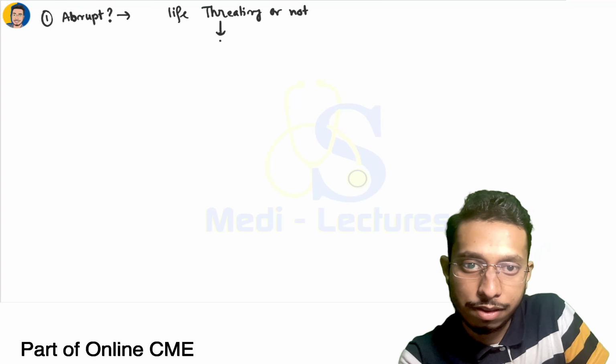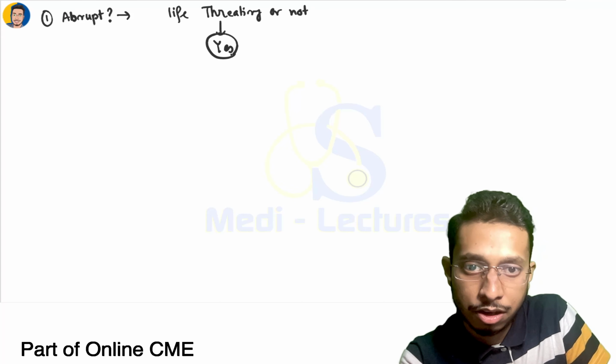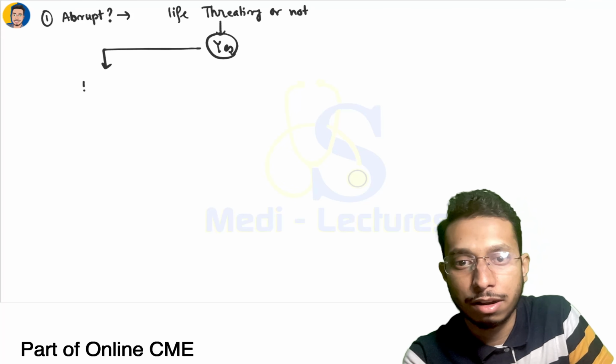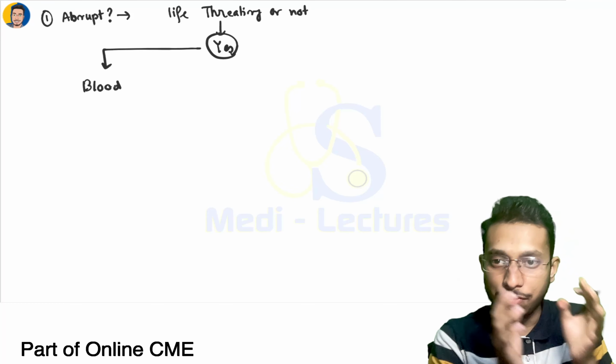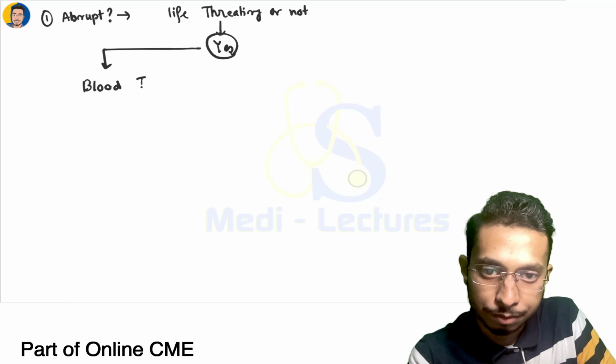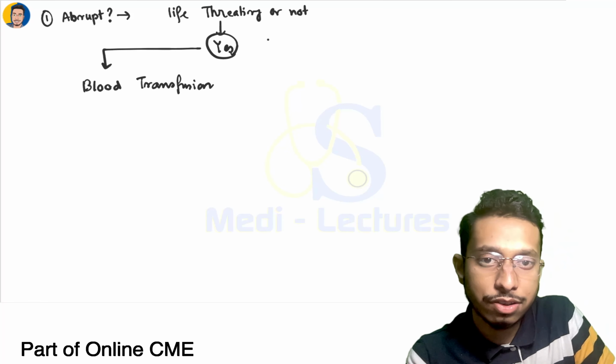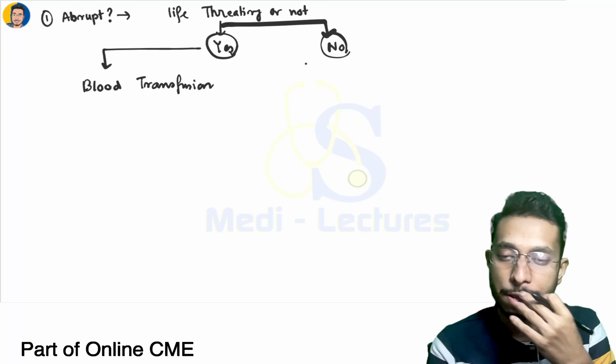If the answer is yes, straight away you need to go for blood transfusion first, right? Don't think about the causes, what the types can be. First, save the patient, and we need to go for blood transfusion. And if the answer is no, we can avoid blood transfusion and consider steroid or other therapy available to us.